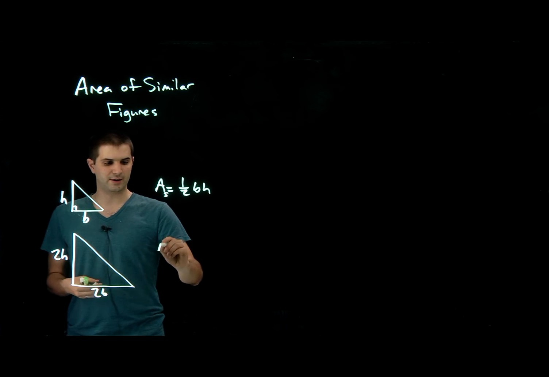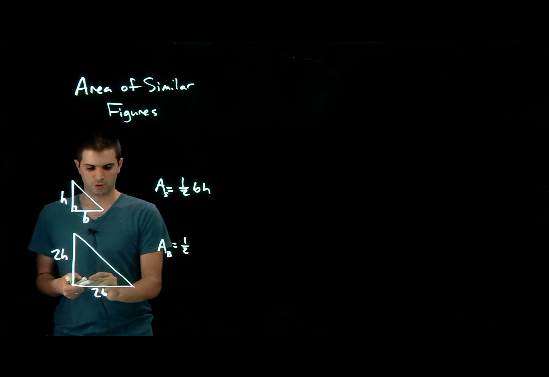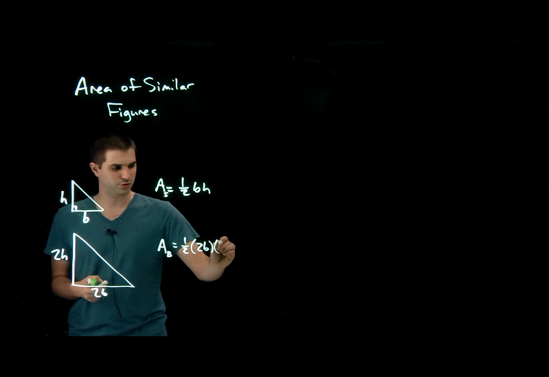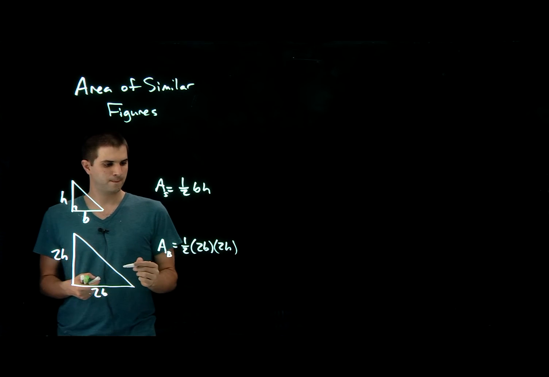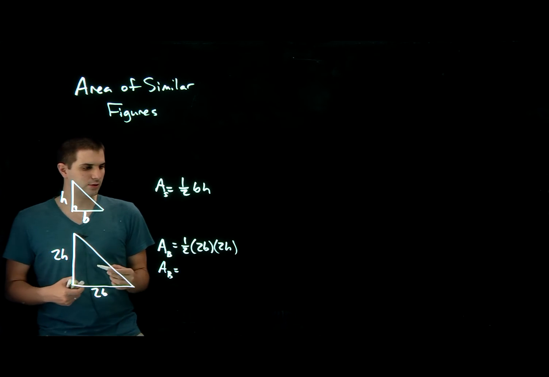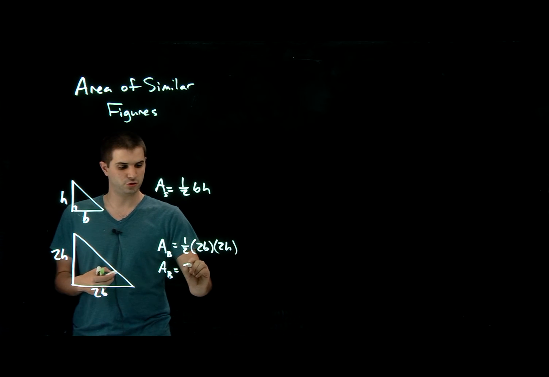So in other words, the area of the big triangle equals 1/2, well, the base here is going to be 2b, and the height is going to be 2h. So the area of the big triangle equals 2 times 2 is 4, 4 divided by 2 is 2, so 2bh.